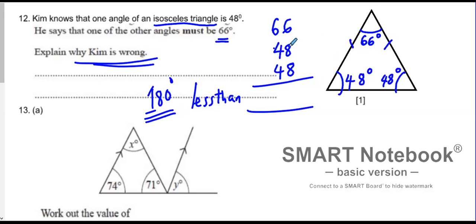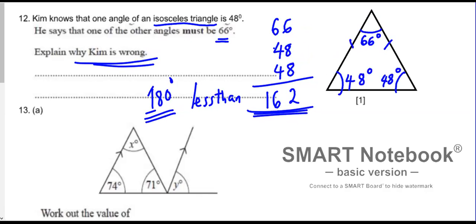So 6 plus 8 is 14, plus 8 is 22. And then this will be 162.